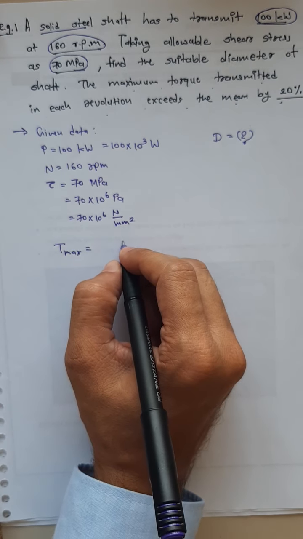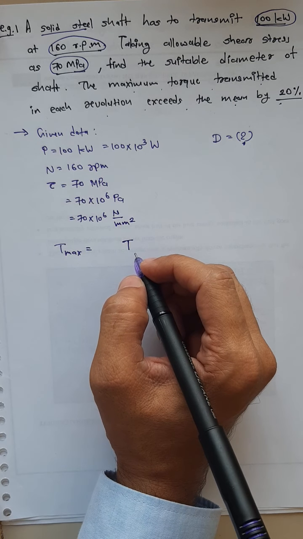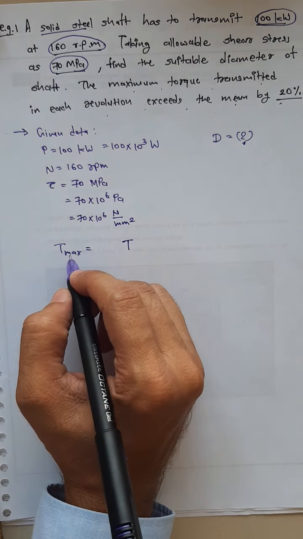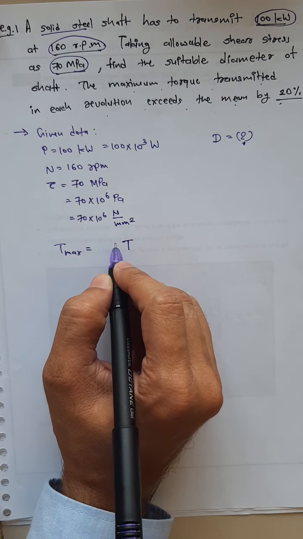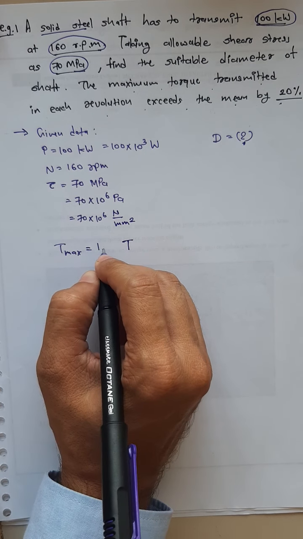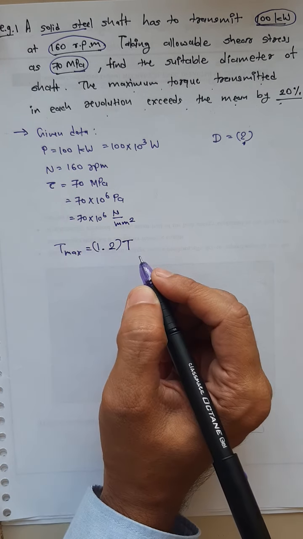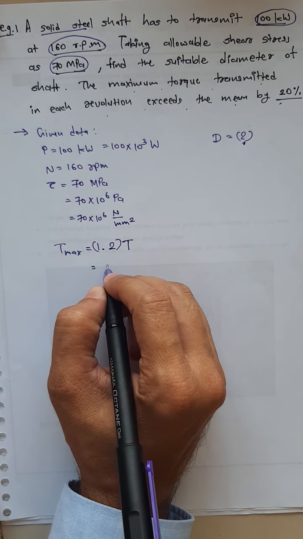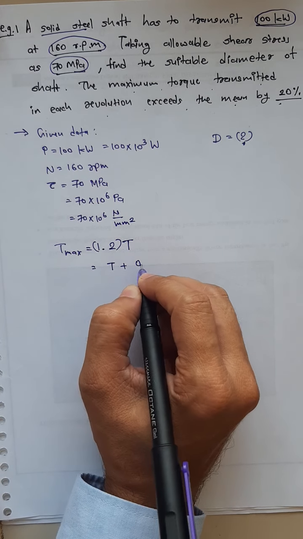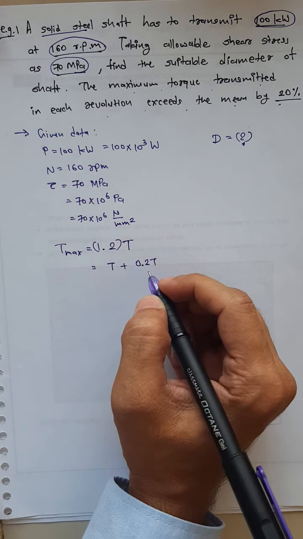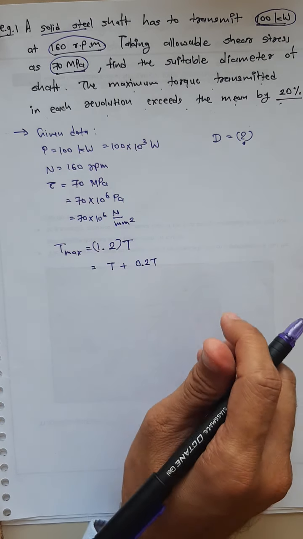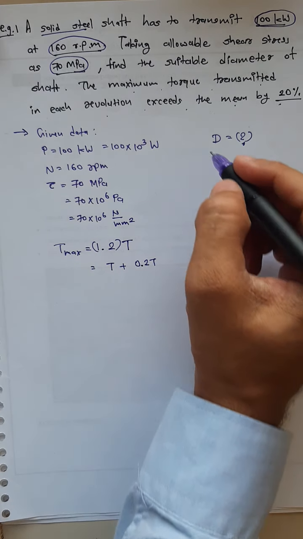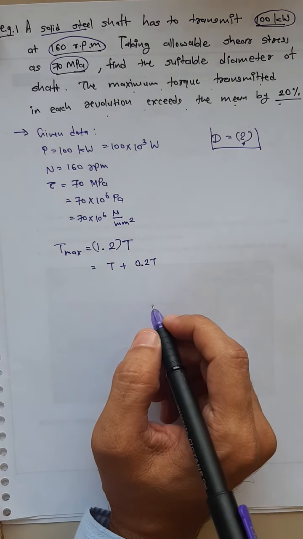Mean here means mean torque, and it is 20% more. T maximum is 20% more than mean torque, which means it should be multiplied by 1.2. Why 1.2? Because mean torque plus an extra 20% is equivalent to 1.2 T. So we are required to find the diameter of the shaft.